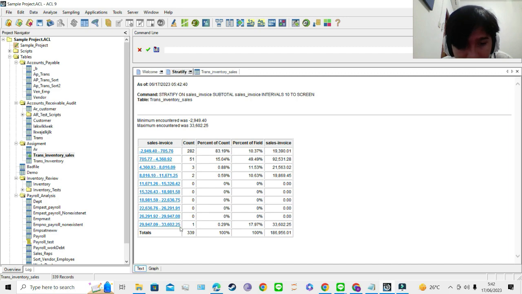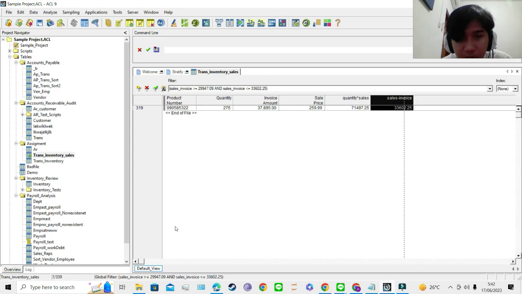As we can see, there are big numbers of data that have differences between the invoice amount and quantity times sales. If the number is incorrect, it's above 0.